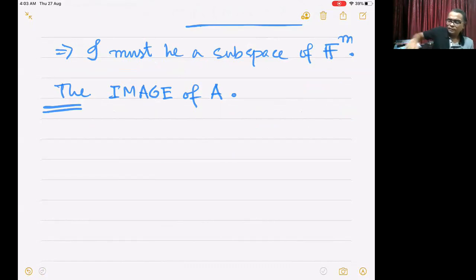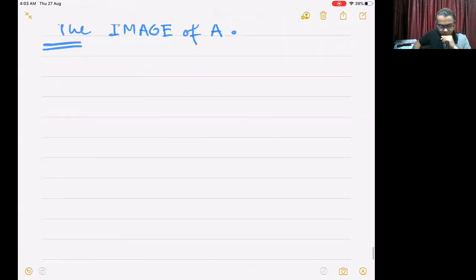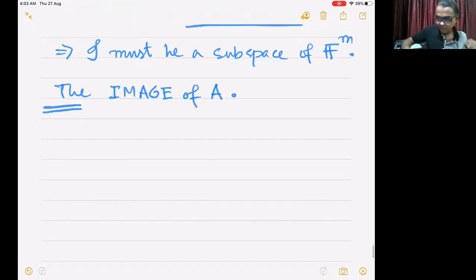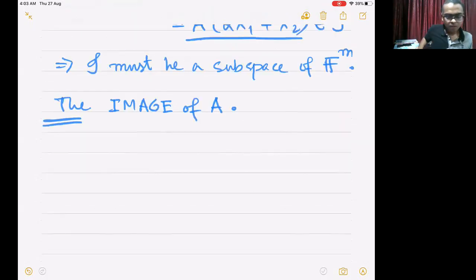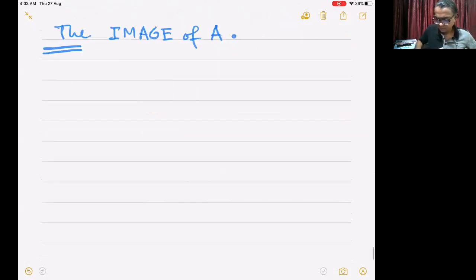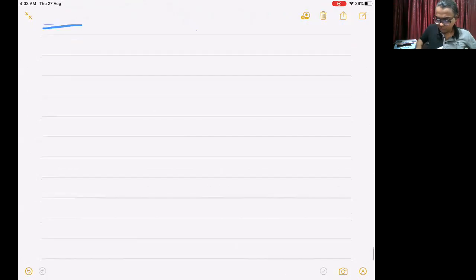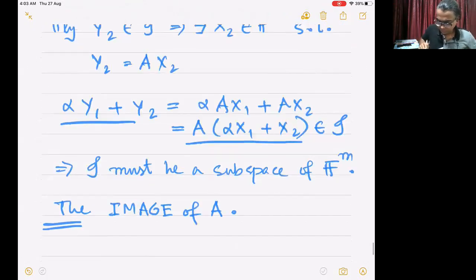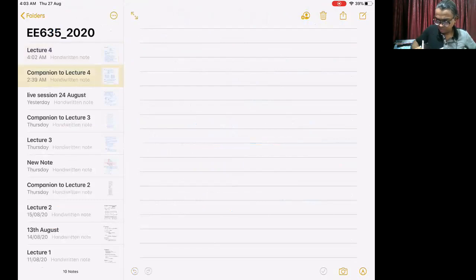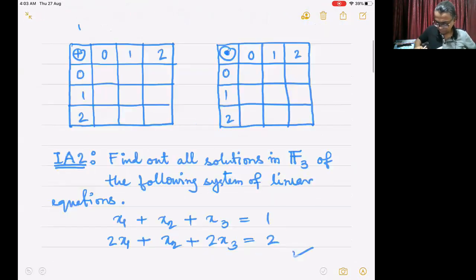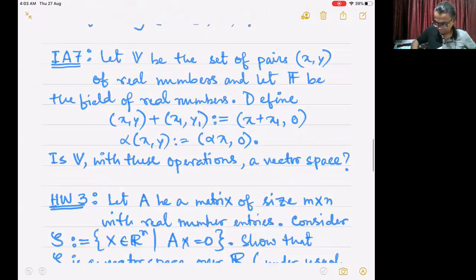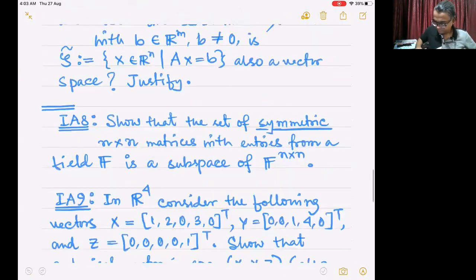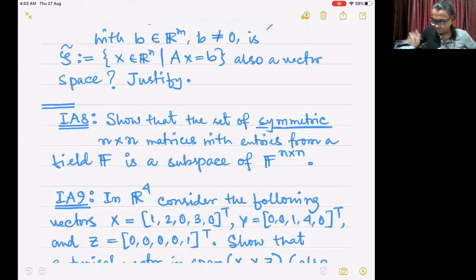Now we are going to look at some more properties of these subspaces. But before we do that, let me give you some immediate attention problems, so that you can solve them and be up to speed with what we have been doing.